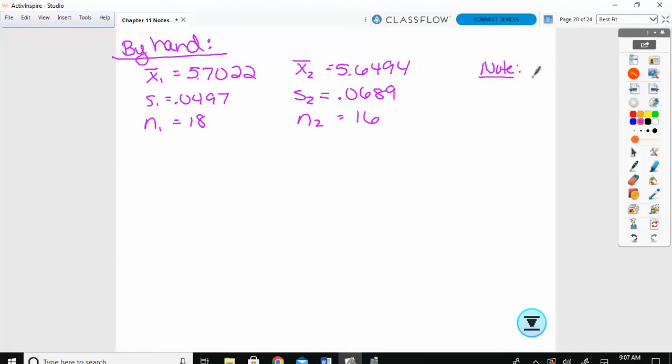In all of these, our null hypothesis is that the mu of the first equals the mu of the second. So, if you think about in the test statistic, it asks for mu1 minus mu2. If those are equal to one another, what do you get when you subtract them? 0. So then our formula for the t.